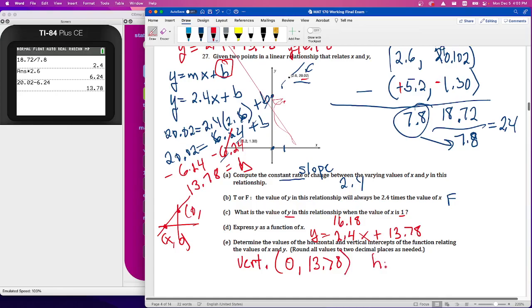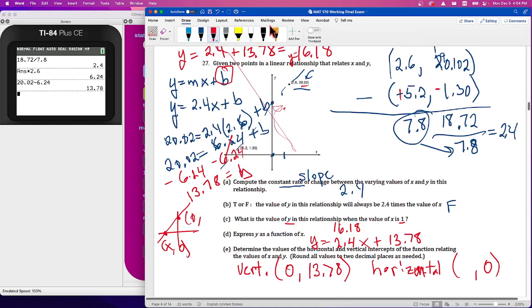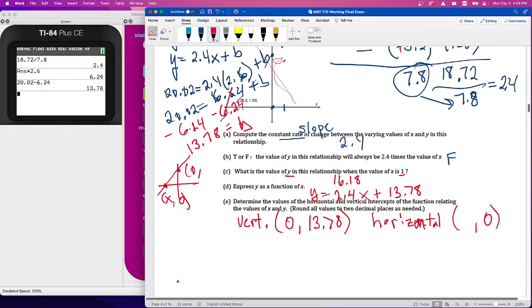The horizontal intercept is going to be where y equals 0, and then we have to figure out x. So we come back to our original equation and we set y equal to 0.